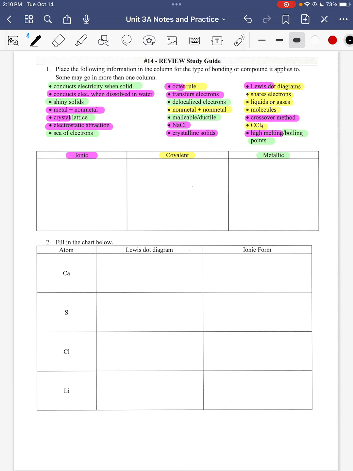Next, we'll get into a little bit about dot diagrams for a few ionizing atoms. Calcium, which has 2 valence electrons in its normal state, would look like this. When it ionizes, it's going to lose those 2 electrons to form Ca2+. Sulfur has 6 valence electrons in its normal state, and when it ionizes, it's going to gain 2 more electrons to form S2-.